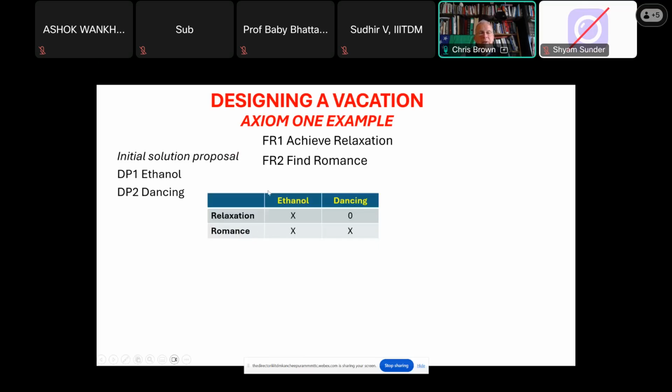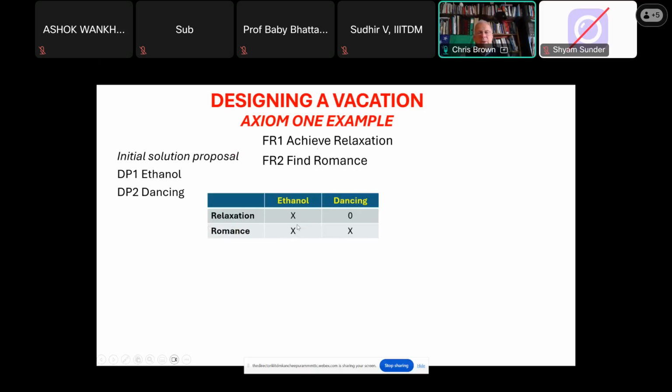If I look at my design matrix, the ethanol, unfortunately, isn't limited in its effects to just the relaxation. And this is what we call a triangular matrix, so in some situations, we could say, whatever the negative effect is of the ethanol on the romance, we can compensate for that with the dancing.